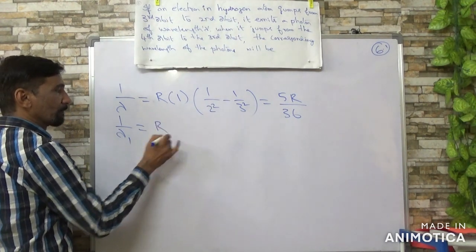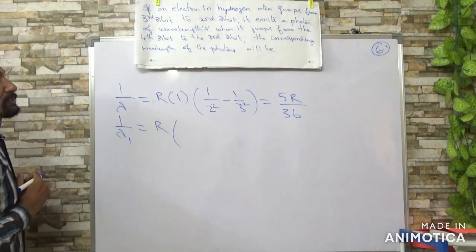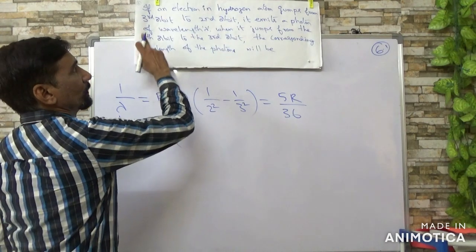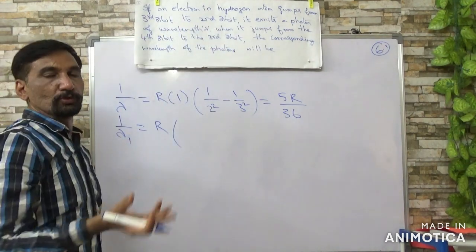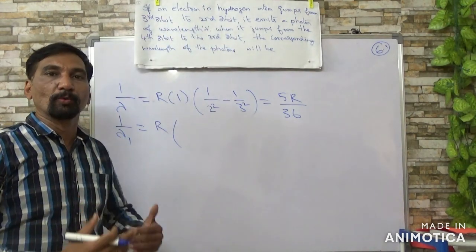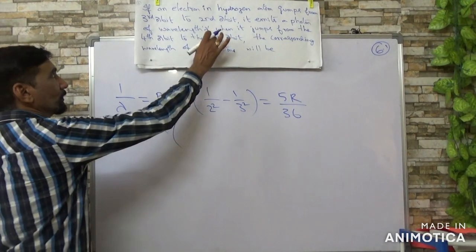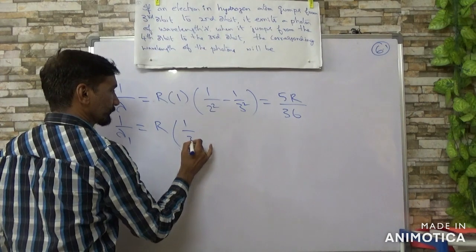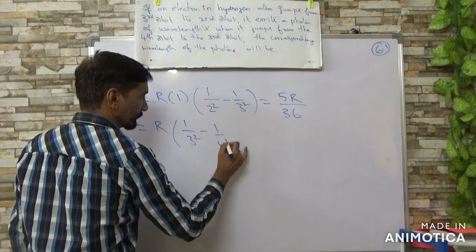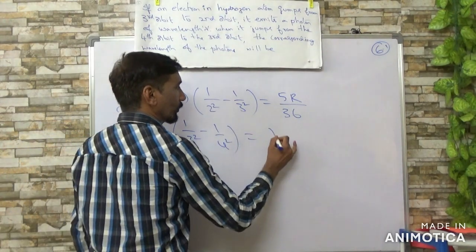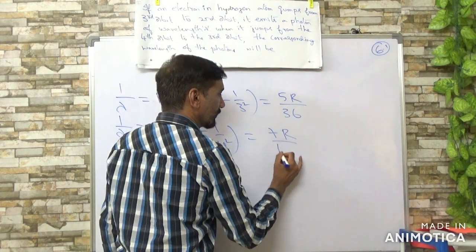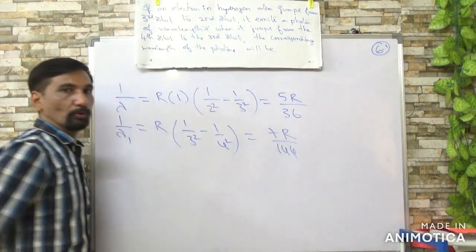Now in the second case, 1 by wavelength is the Rydberg constant into the transition taken from 3 to 4. Usually, when an electron jumps from higher to lower, only then is energy emitted. So third, fourth, equal to 7R by 144.